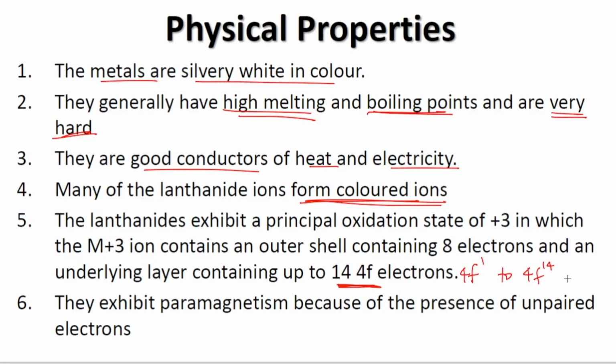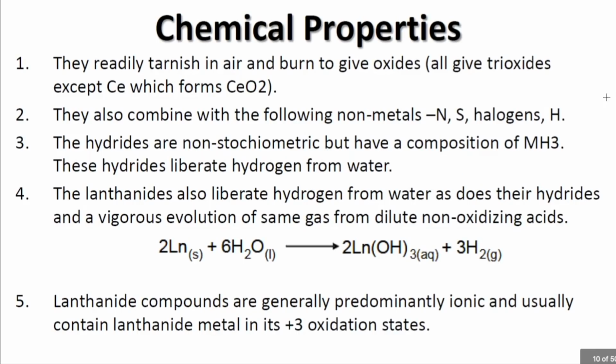That's what the electronic configuration goes like. Next, they exhibit paramagnetism because of the presence of unpaired electrons. Almost all of them have unpaired electrons, so that's why they show paramagnetism in their physical property.